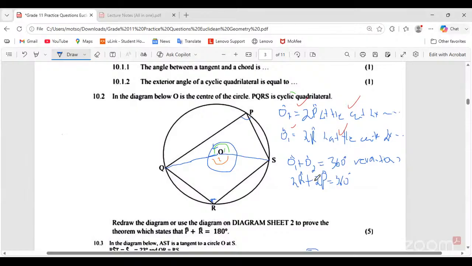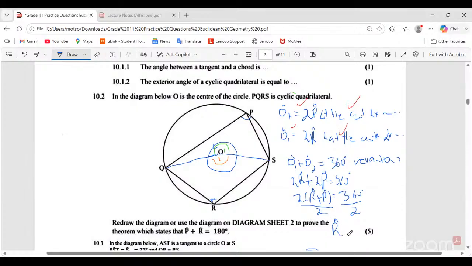Now you take 2 as a common factor on the left-hand side. Inside the brackets, you have R plus P, equal to 360 degrees. You divide by 2 on both sides.